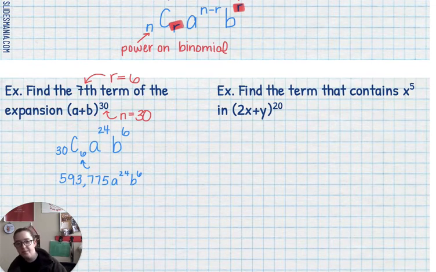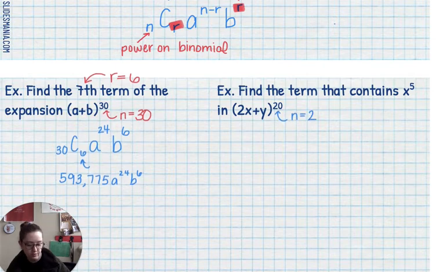All right. So in this next one, we want to find the term that contains x to the 5th. So here we go. We have 2x plus y to the 20th. So that means that right here, n is equal to 20. So we know we'll have 20 choose something.